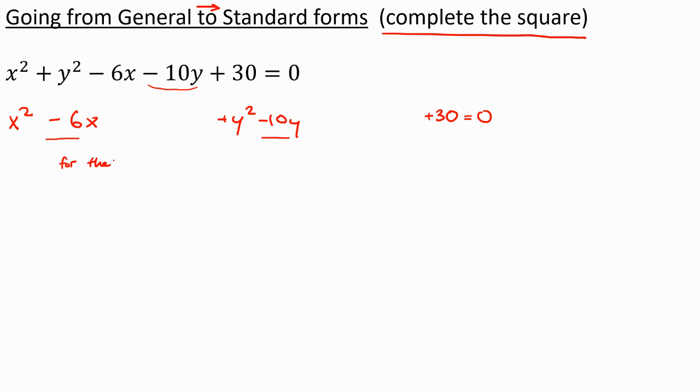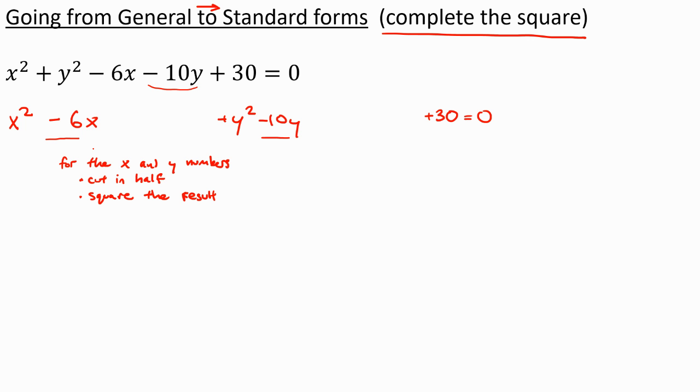For the plain x and plain y numbers, so the -6 and the -10, we're going to cut them in half, or divide them in half, and then we're going to square that result. Square the result. And I'm going to do that now.